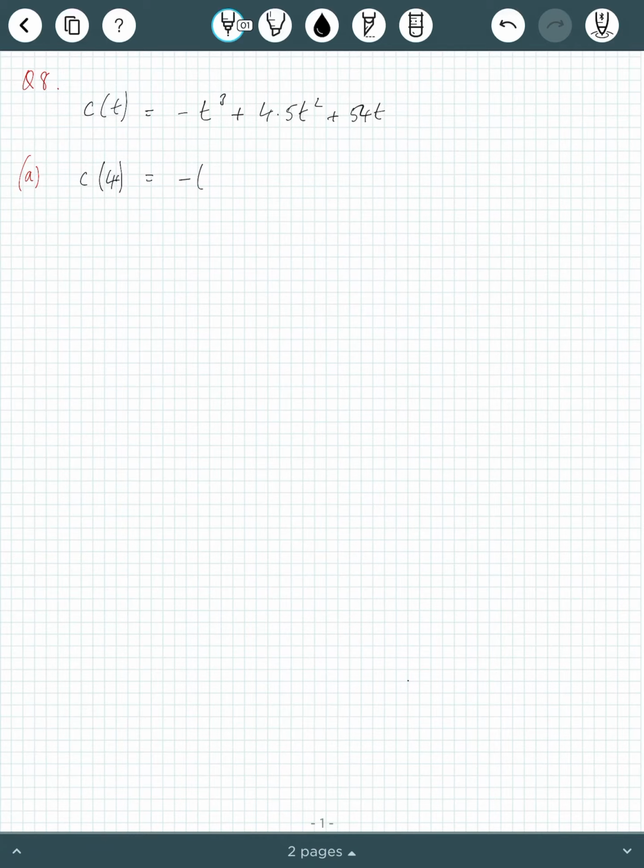So it's going to be minus 4 cubed, plus 4.5 times 4 squared, plus 54 times 4. So C of 4 will be equal to minus 4 cubed, which is 4 by 4 by 4, of course, which is 64. That's minus 64. 4 squared is 16, so 4.5 times 16 is equal to 72.